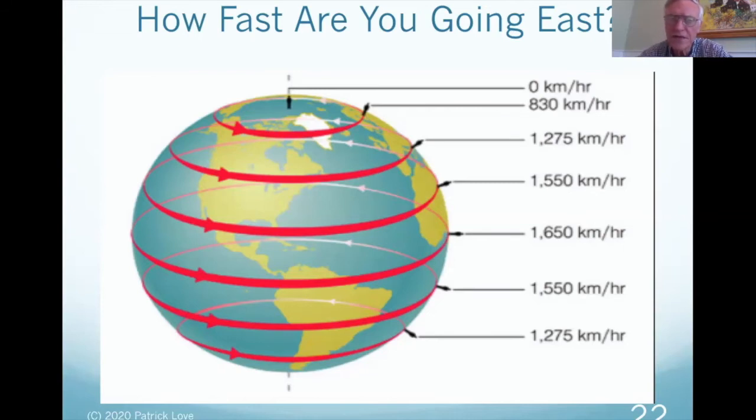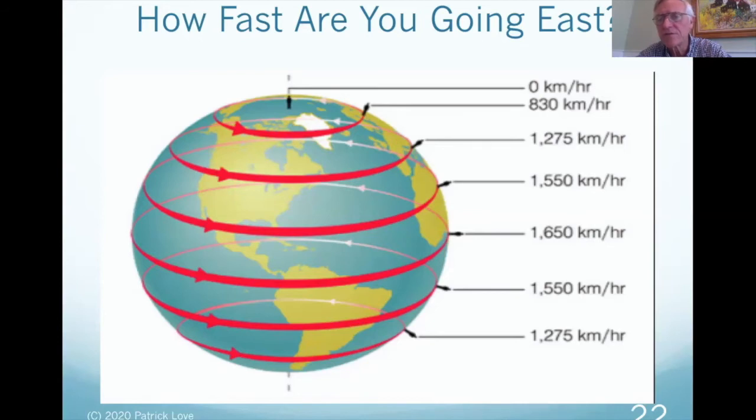However, if you're standing somewhere else, as you get closer and closer to the poles, you're going around slower. So you're going around the surface of the Earth slower because the radius of your circle is smaller, right? And so basically the atmosphere is circulating with you.